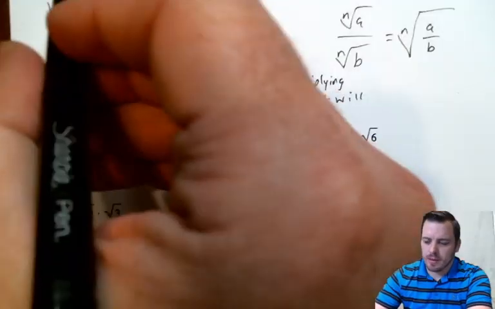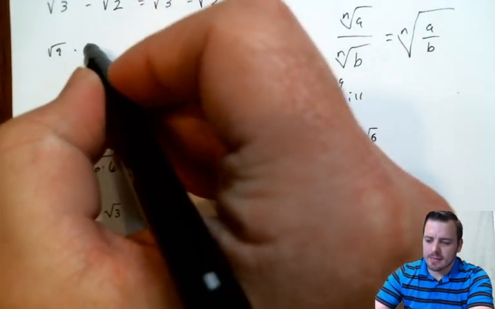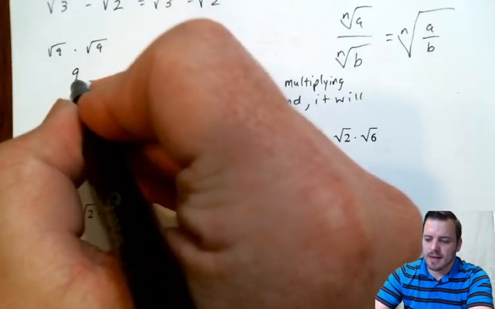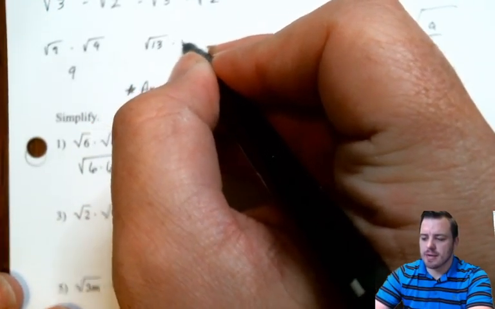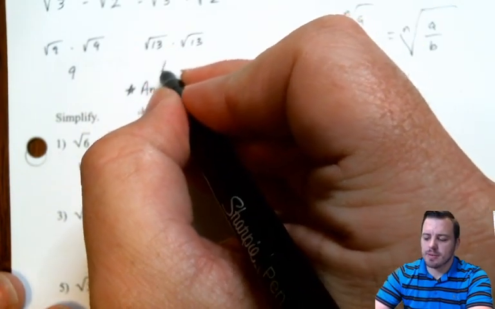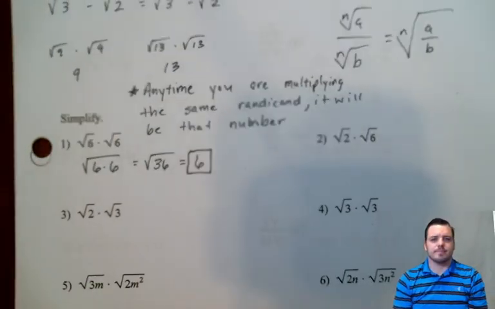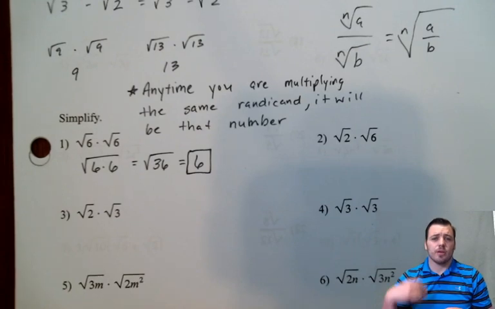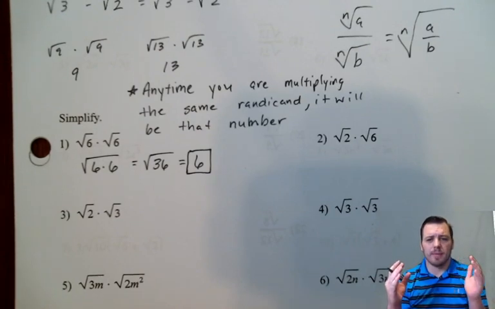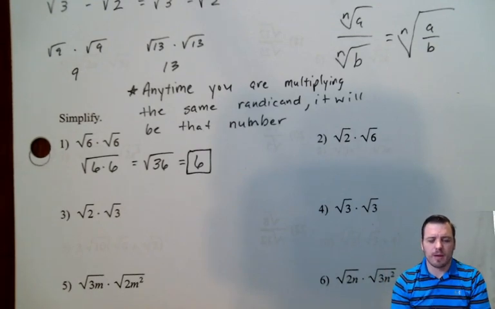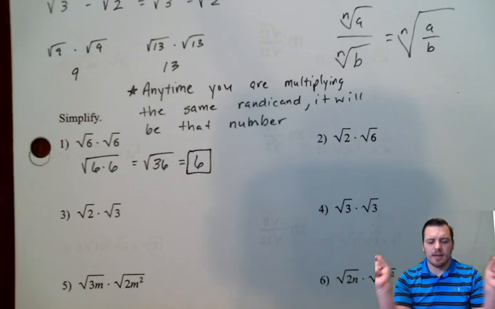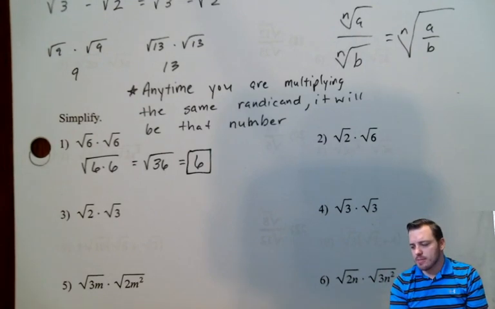So radical 9 times radical 9 is 9. Radical 13 times radical 13 will just simply be 13. Anytime you're multiplying the same radicand, same thing on the inside, it will be that number or whatever that expression may be.